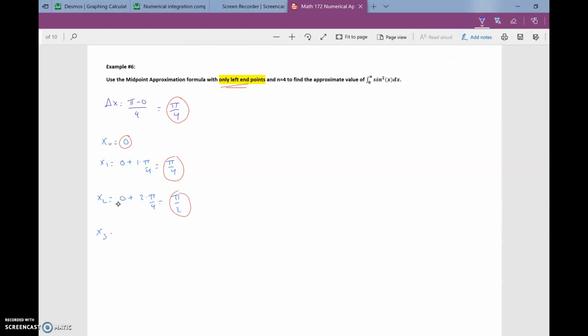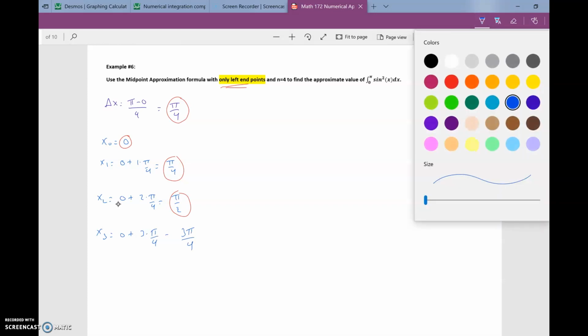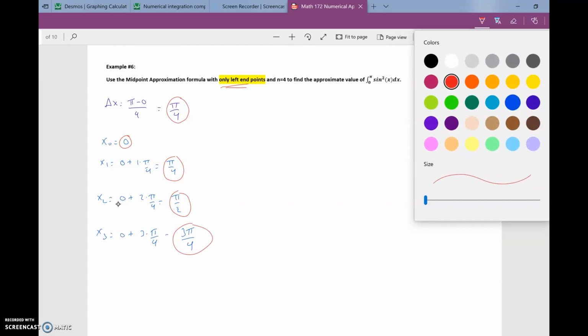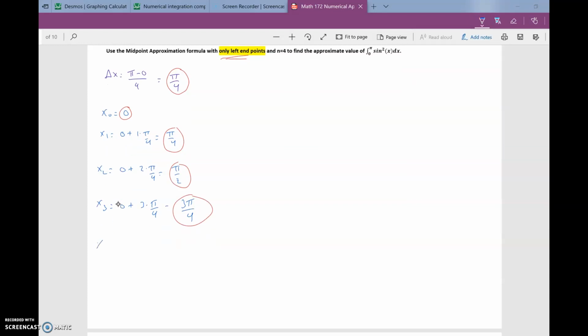Then x of 3 is equal to 0 plus 3 times pi over 4, or 3 pi over 4. And then x of 4 is equal to 0 plus 4 times pi over 4, which is equal to pi.